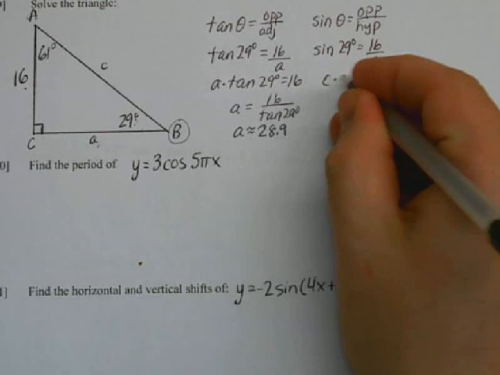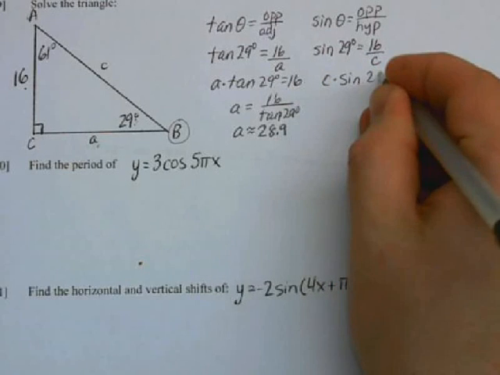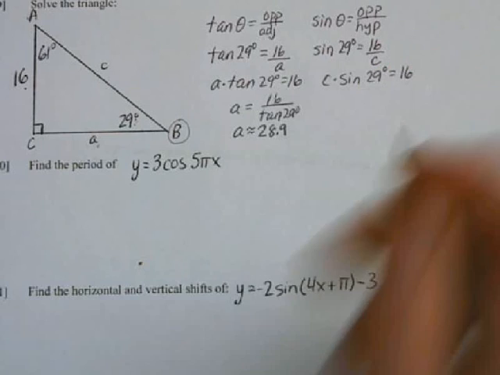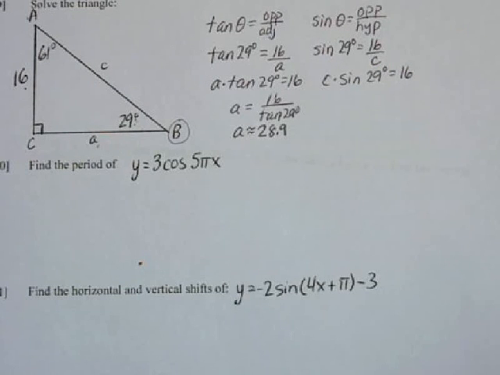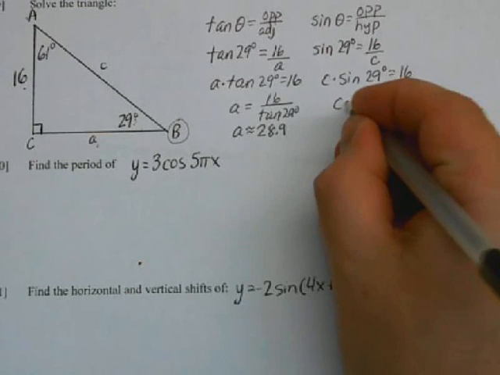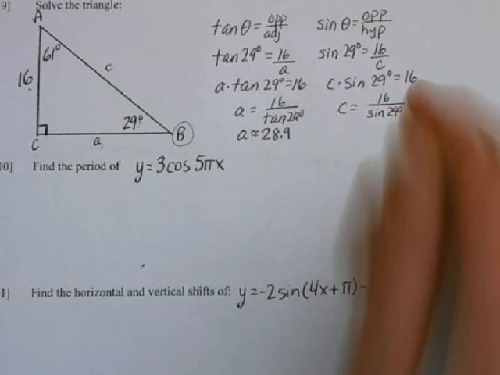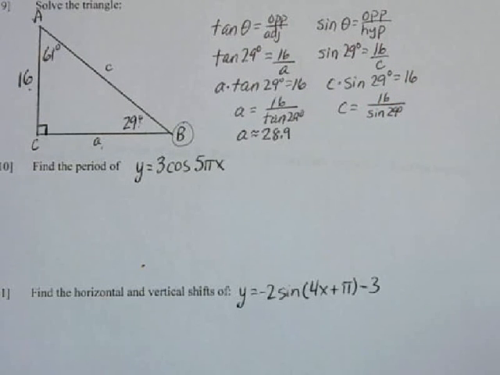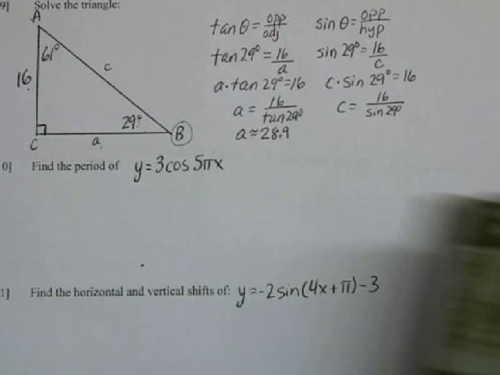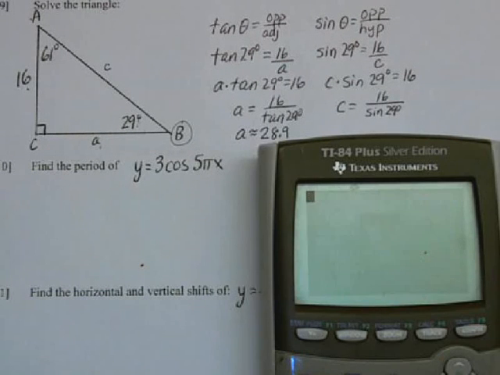We'll multiply both sides by c. And then we'll divide both sides by the sine of 29 degrees. Okay. In degree mode, 16 divided by sine of 29. And I get about 33.